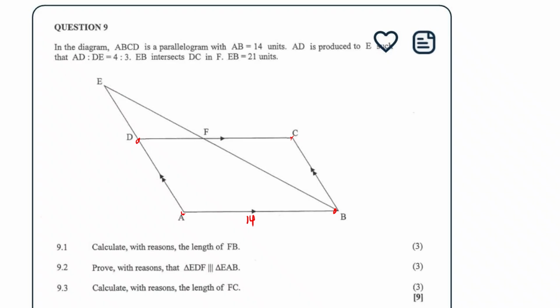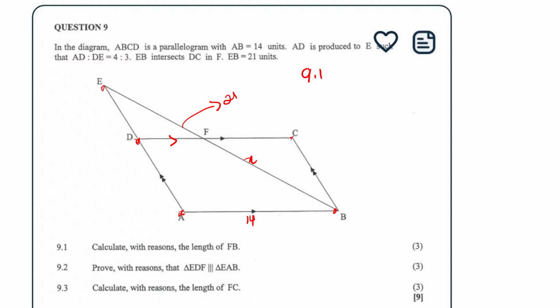AD is produced to E such that AD is to DE is 4 is to 3. EB intersects DC at F, and EB is 21 units. So now 9.1: calculate with reasons the length of FB.